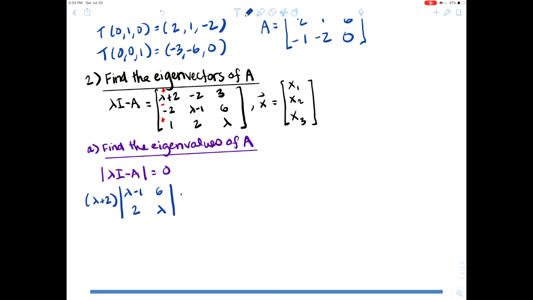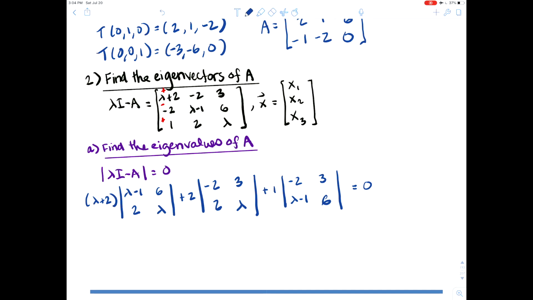So we'll have plus 2 times the determinant of negative 2, 3, and 2 lambda, plus 1 times the determinant of negative 2, 3, lambda minus 1, and 6. And we have to set this all equal to 0.